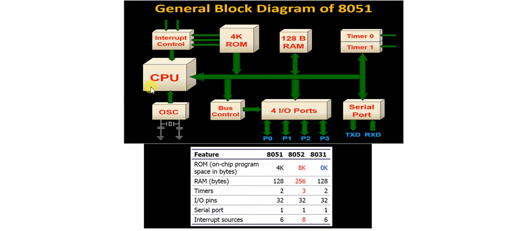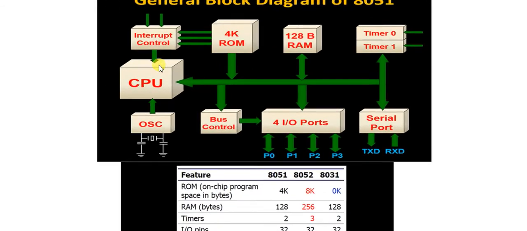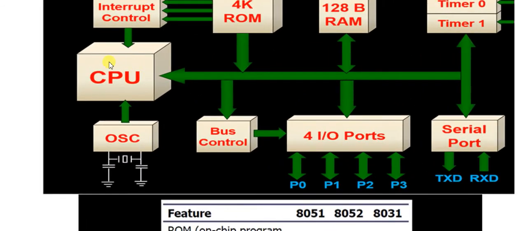We have discussed that it contains the CPU. Along with the CPU we need to connect the oscillator circuit or the clock generation circuit. This clock is given to the CPU, and the CPU drives its operations with the help of the clock frequency.